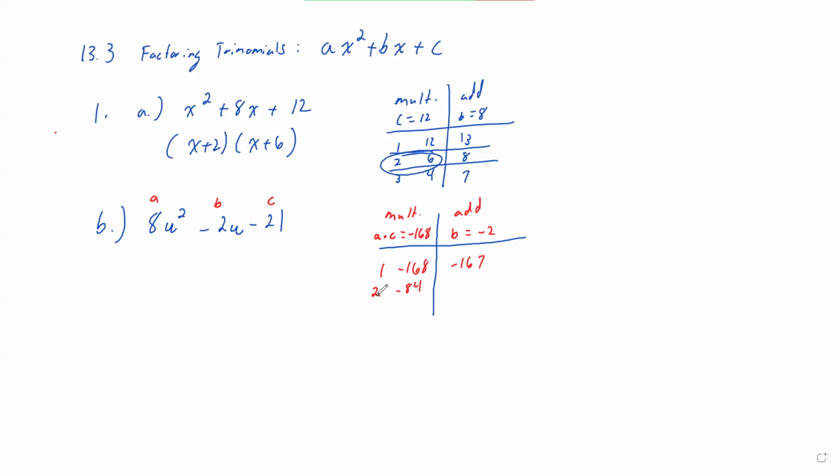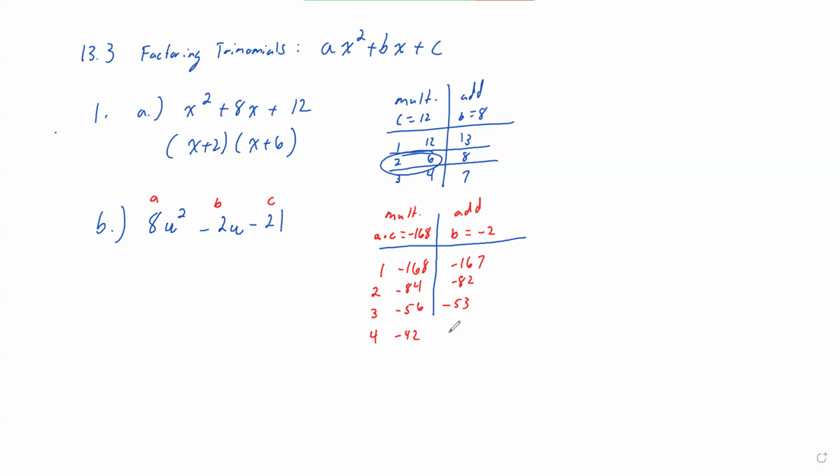So now what's 2 minus 84? Very good. Now do 168 divided by 3. 3 minus 56. Close. 53. Still not close to 2. What about 4? What's 168 divided by 4? 42.